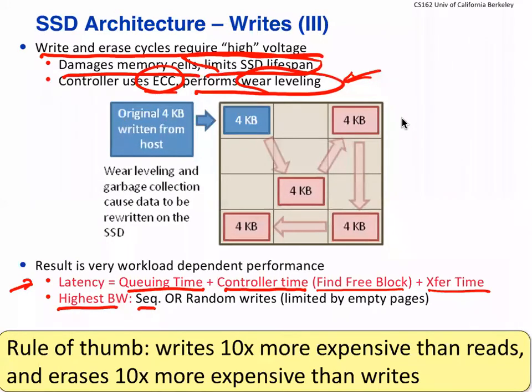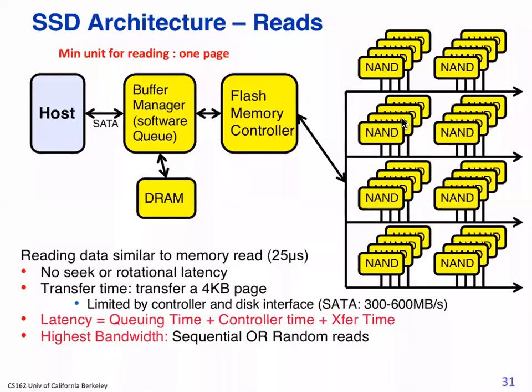We'll have to see whether it is a sequential write request or random write request, and the availability of empty pages, etc. The rule of thumb is that writing is 10 times more expensive than reading, and erasing is 10 times more expensive than writing. So erasing takes the maximum amount of time, then writing, then reading. Any question?